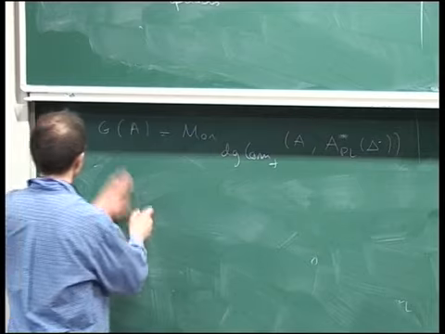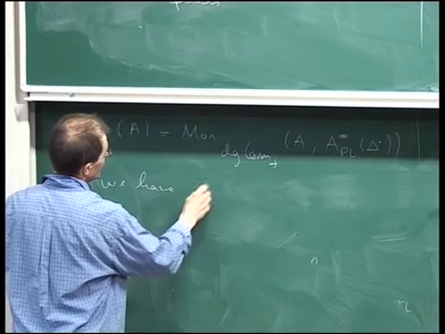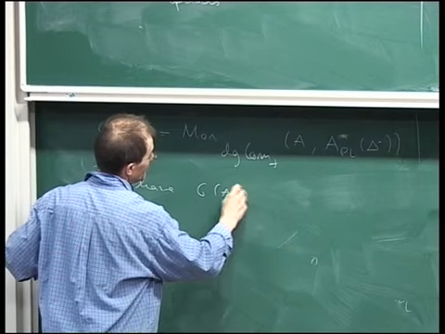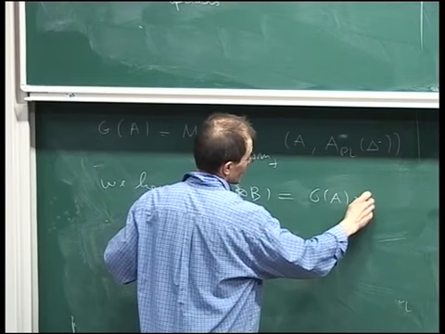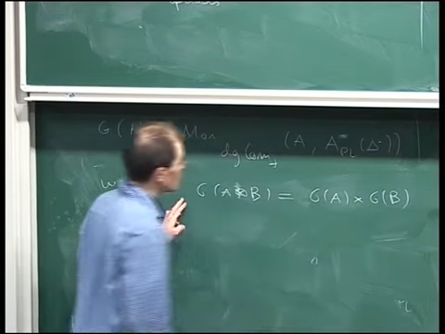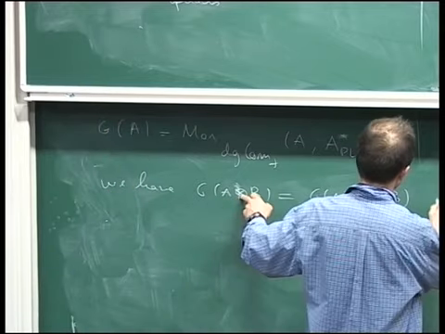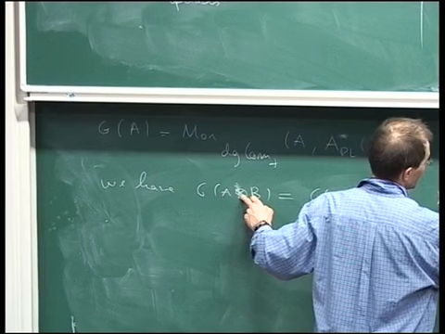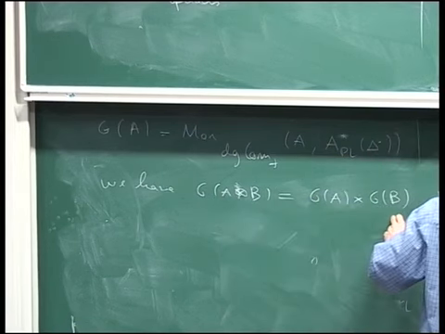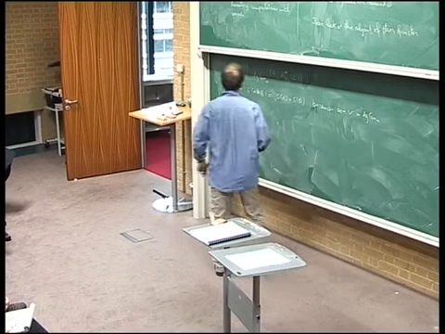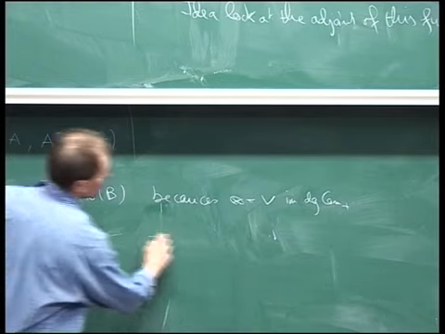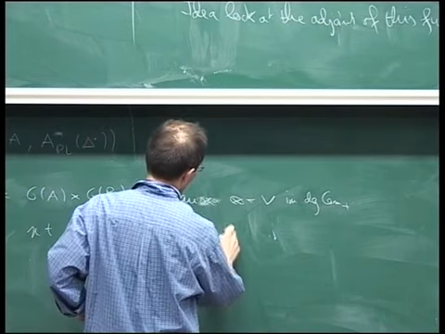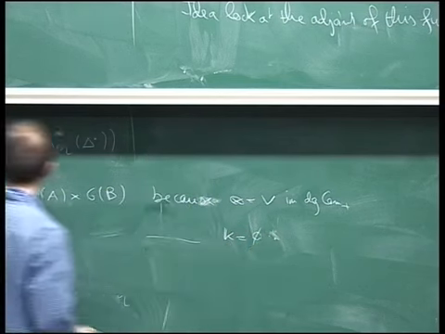At least we have G of A tensor B equal to G(A) cross G(B), because the tensor product is just the coproduct in the category of DG algebras. And if you take G of the ground ring Q, then you get a point, because the ground ring is the initial object in the category of DG algebras.